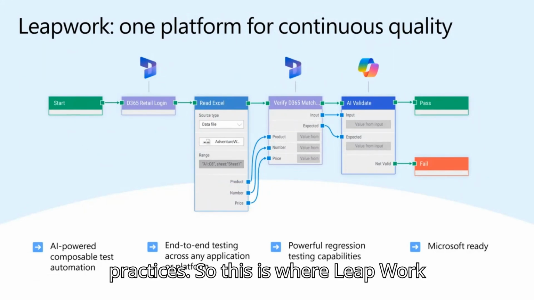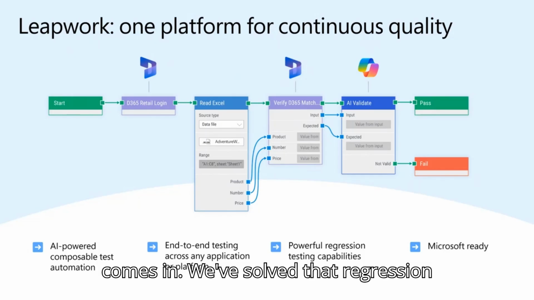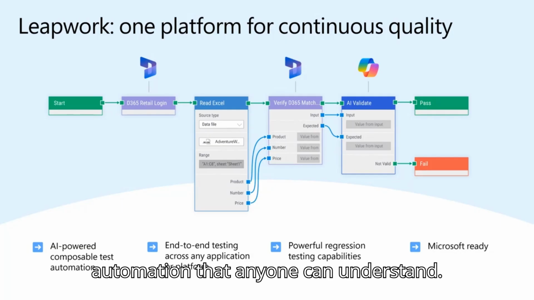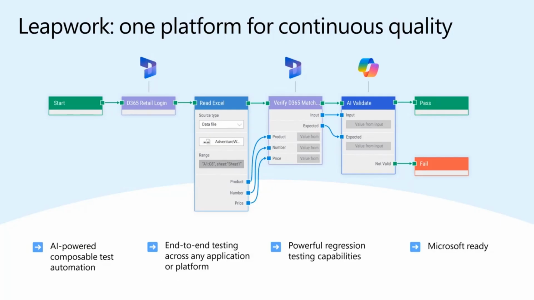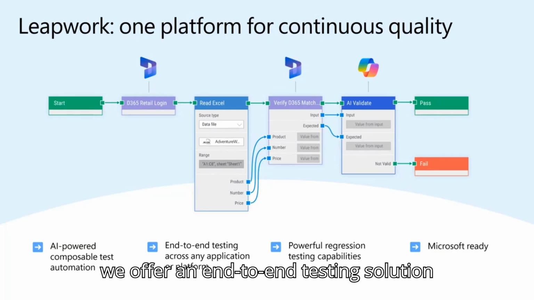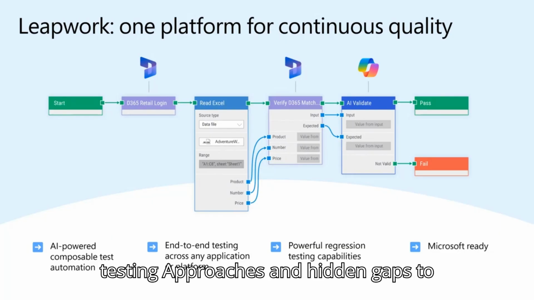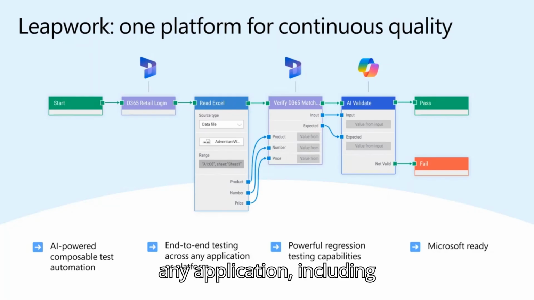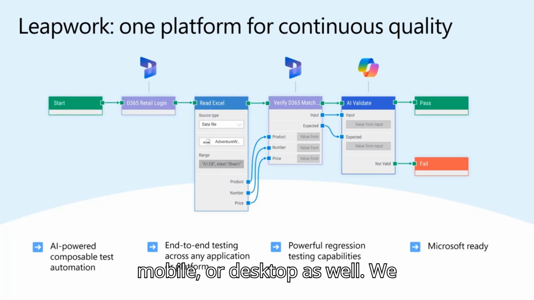So this is where Leapwork comes in. We've solved that regression testing issue that we just spoke about, and we created a visual approach to automation that anyone can understand. It is 100% no code, and we offer an end-to-end testing solution so that you can move past those siloed testing approaches and hidden gaps to advance the best testing practices across any application, including AI apps and Microsoft Copilot, or different platforms such as web, mobile, or desktop as well.